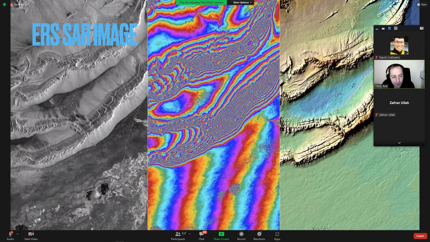If you look at the interferogram, we can understand it as if it were a topographic map. If you imagine these color lines, they would be the ISO lines, the height lines of a map.